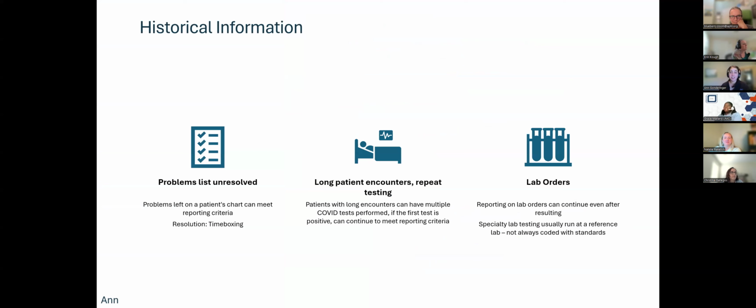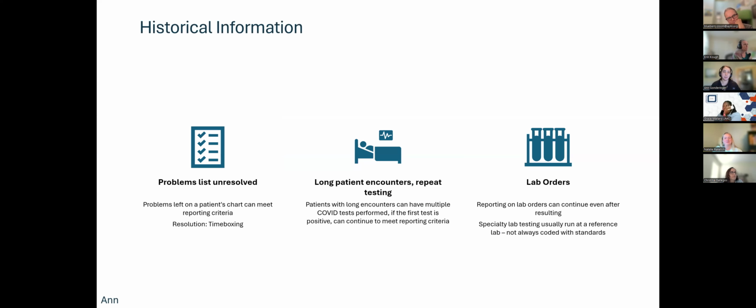Historical information. Charts are not always clean. Doctors don't like to take off other doctors' notes or active problems, for example. So we run into a lot of issues related to historical information. Problem lists with unresolved problems in them. So a problem left on a patient's chart for decades can meet reporting criteria.